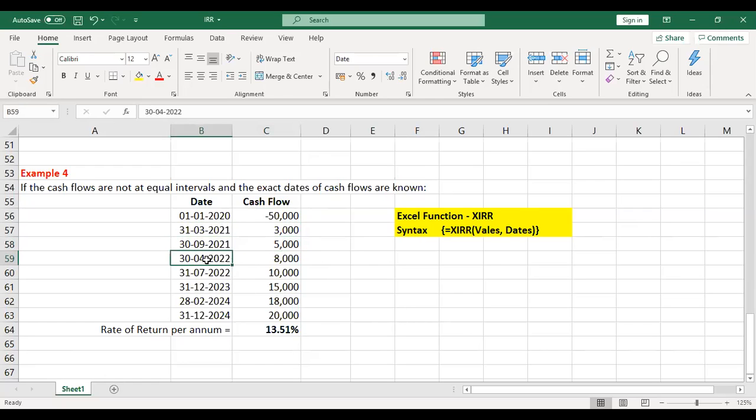After that, in April 22, you will get 8,000 rupees. July 22, you will get 10,000 rupees. Then December 23, you get 15,000 rupees. February 24, you get 18,000 rupees. And 31st December 2024, you get 20,000 rupees. If this is a particular scheme, you can see that the cash flows are not uniformly spread.